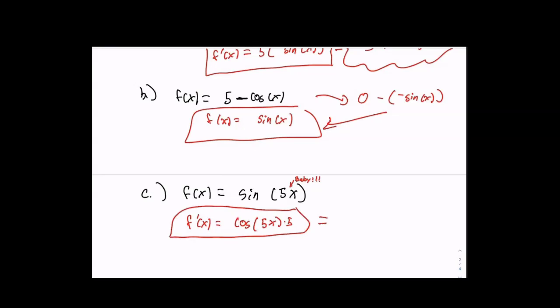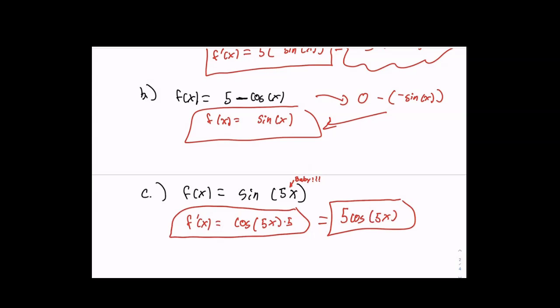How do I clean that up? How do I rewrite that to make it look prettier? Would it be 5 cosine times 5x? That's how you write it, but I want to be careful with the vocabulary you used. You said an extra times in there.